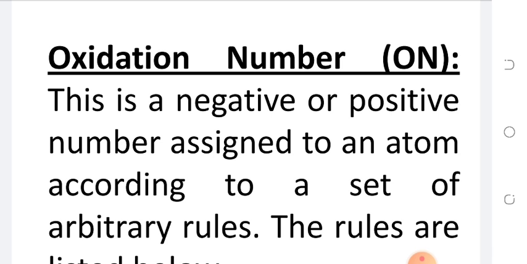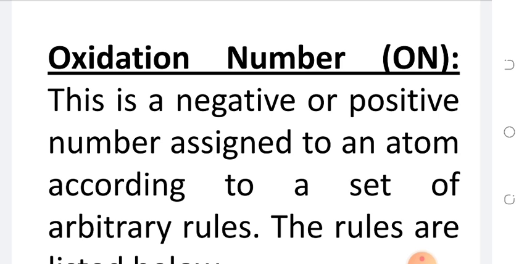So when we were taught valency, we were told that valency is the combining power of an element. That is the ability of that element to combine with another element, usually with hydrogen: how many hydrogen atoms will combine with that particular element?